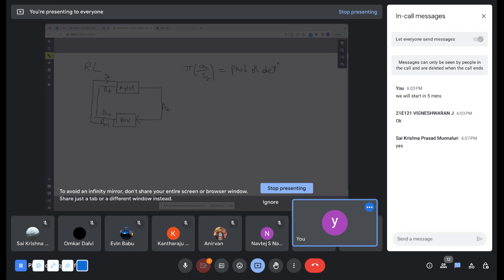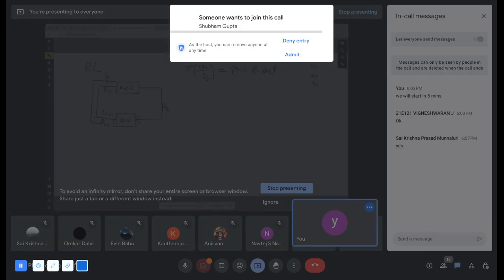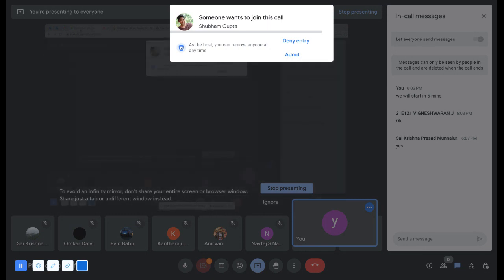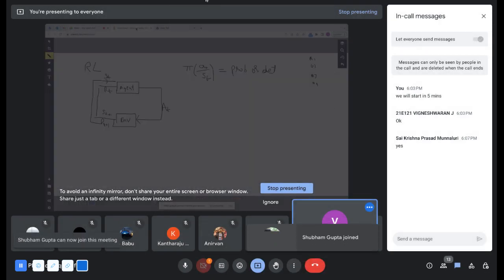Let's say you have actions a1, a2, a3, a4, and you have states s1, s2, s3, s4.